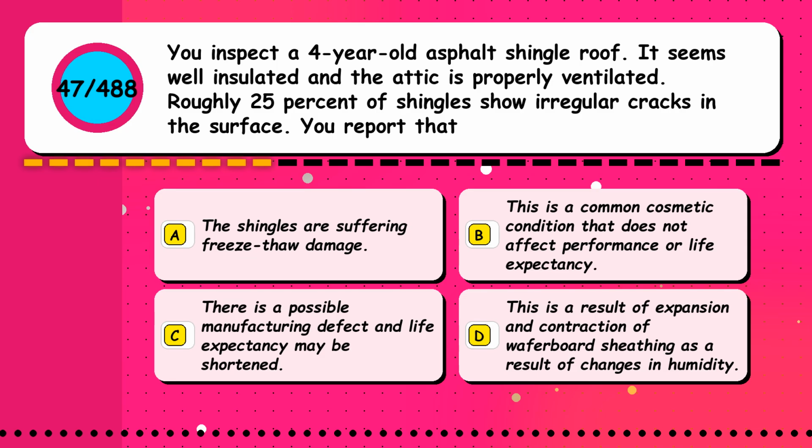You report that: Option A, the shingles are suffering freeze-thaw damage. Option B, this is a common cosmetic condition that does not affect performance or life expectancy. Option C, there is a possible manufacturing defect and life expectancy may be shortened. Option D, this is a result of expansion and contraction of wafer board sheathing as a result of changes in humidity.